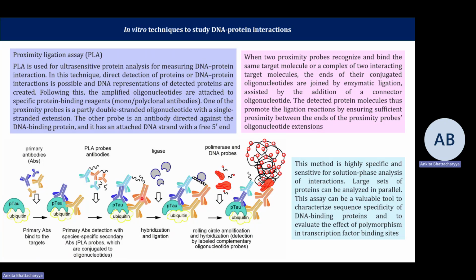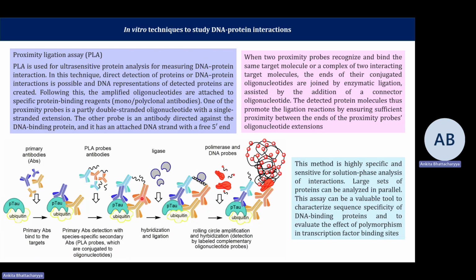So when the two target interacting molecules are very close to each other, the ends of their conjugated oligonucleotides get joined by enzymatic ligation by the addition of a connector oligo, and the detected protein molecules promote the ligation reaction by ensuring sufficient proximity between the two.